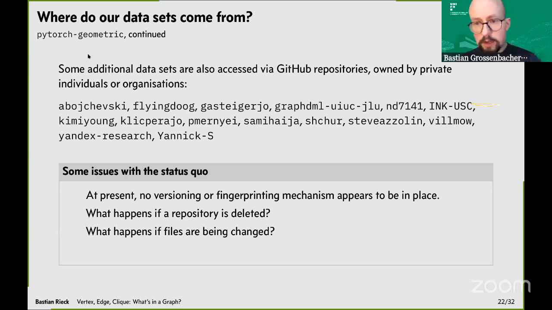It's because it's based on Git, obviously, and then you publish that. You now have no way of knowing, as a user of PyTorch Geometric or of other packages for that matter, whether you're actually training on the same data. So we can't even answer the question whether everyone is training on the same data when we look at some of the papers.